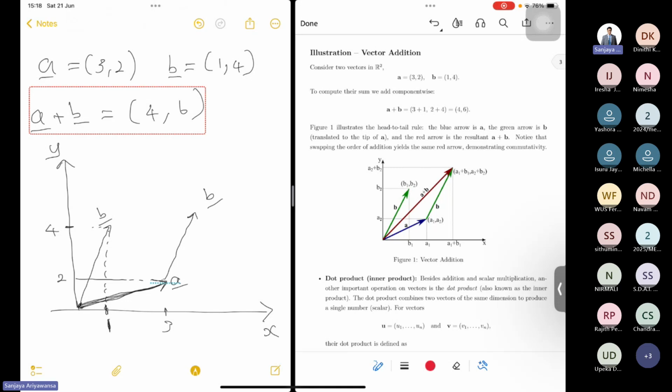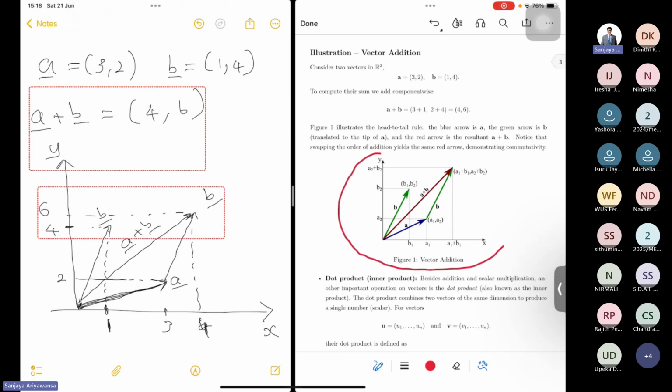I'm simply copy pasting b over here, such that when these two are joined together, this particular vector is the a plus b vector, which is what I get as 4 comma 6, right? So this particular vector is 4 comma 6. That's what I've shown in this particular graph.